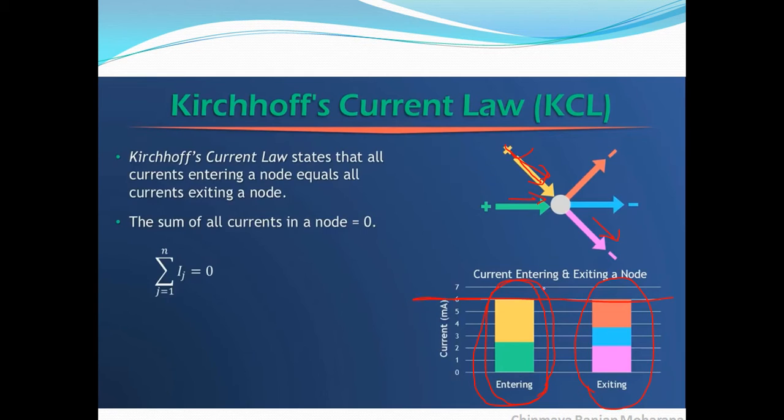And here, this is the exit current, this is the exit current, and this is the exit current. If I put it in the same graph, we can find out that the magnitude is constant, the same 6 milliampere. That means Kirchhoff's current law states that total entering current is equal to exiting current.